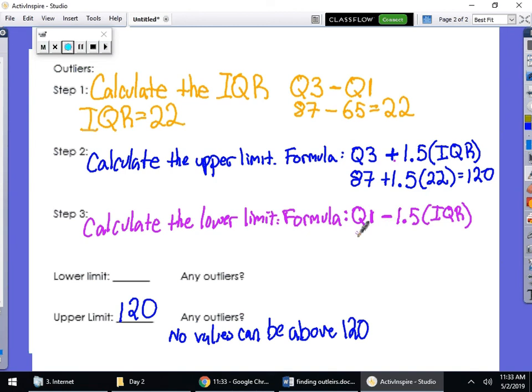Now this value was 65 minus 1.5 times 22. So now we just type in our calculator and we get 32. So now we know that we have a lower limit of 32.